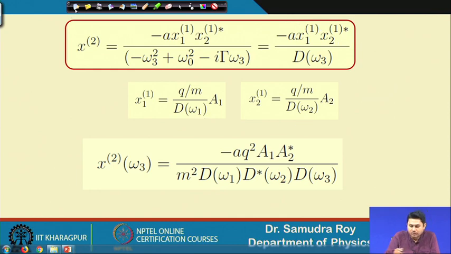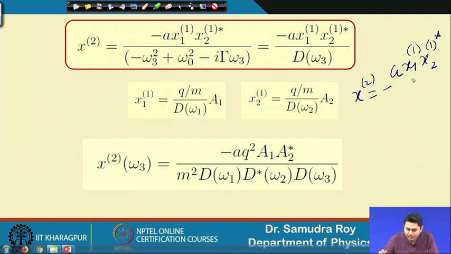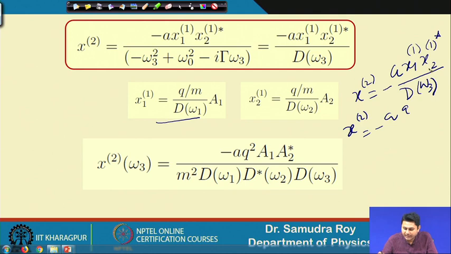So, if I do so, what should be the value? X 2 is minus of a, x 1 x 2 star divided by d of omega 3. X 1 is this quantity, so I just replace x 1. So, x 2 will be minus of a, and x 1 is nothing but q by m. x 2 is also q by m, so there will be 2 q by m.